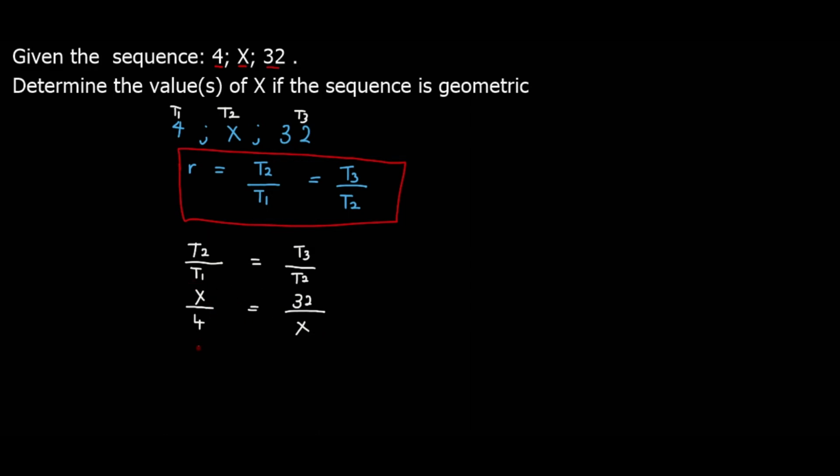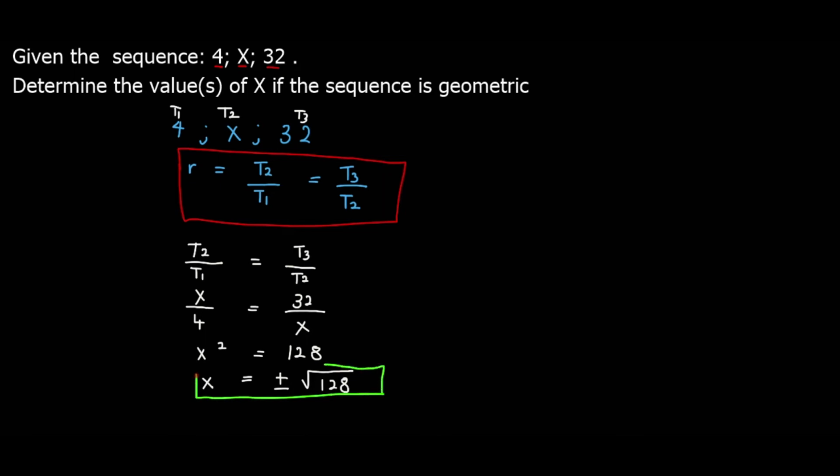So x times x is x squared, and 4 times 32 is 128. Now, to get the value of x, we take the square root of both sides. This means x is plus or minus root 128. So this is our answer.